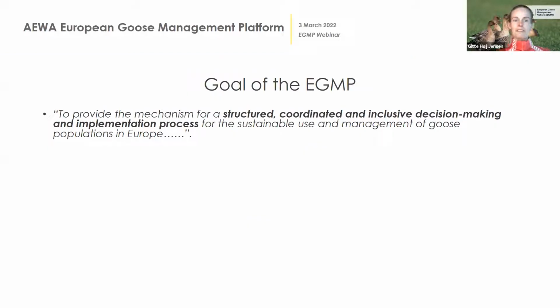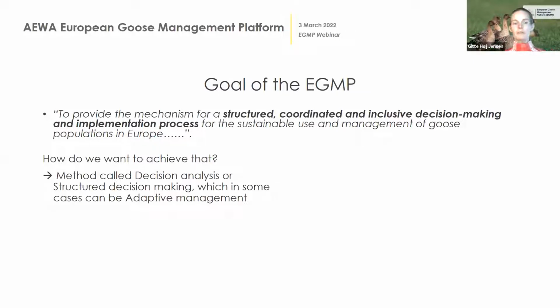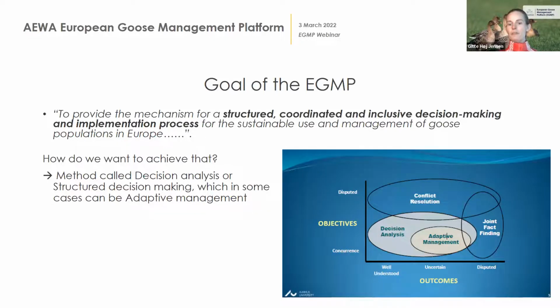As already mentioned a couple of times, the goal of the EGMP is to provide this structured, coordinated, and inclusive decision-making and implementation process. How do we actually want to achieve that? For that, we use a method called decision analysis or structured decision-making, which in some cases can be adaptive management, which many of you have probably heard of. And here I'll just show the figure that Fred also showed.